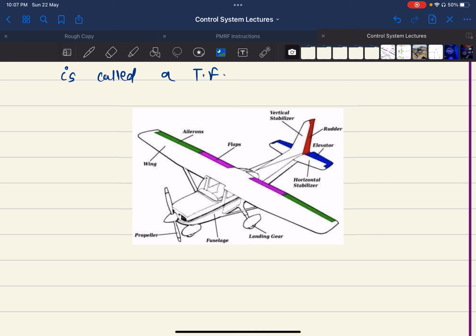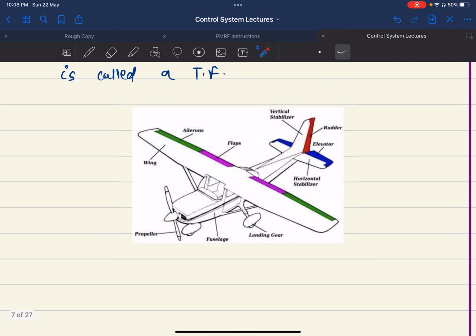There is only one rotor, one propeller. When this propeller rotates in some direction, it produces thrust so that the vehicle can move in the forward direction. This is for non-aerospace background people.